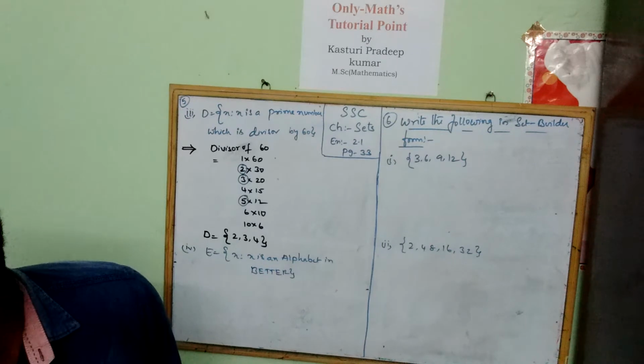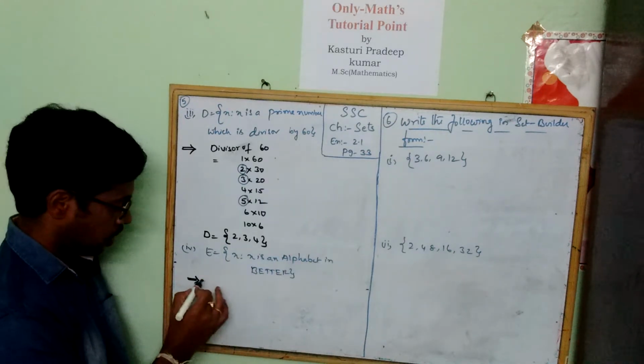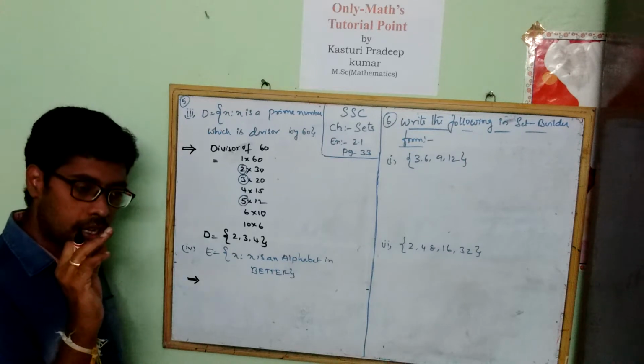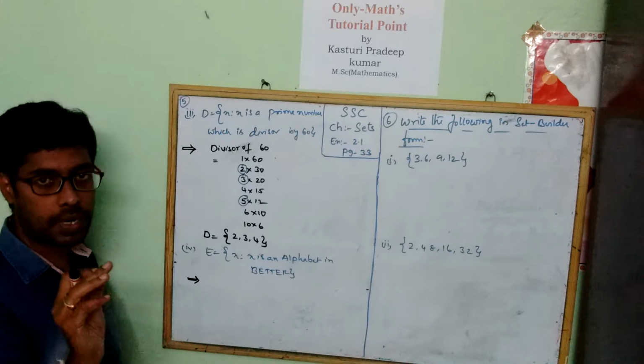Now we know that the elements in the set are distinct. It should not be repeated.